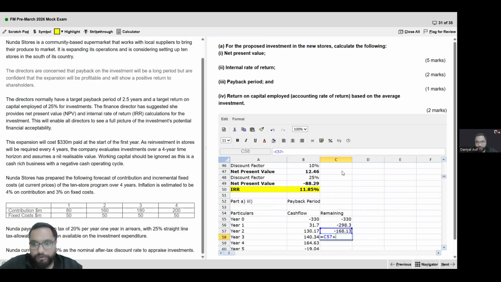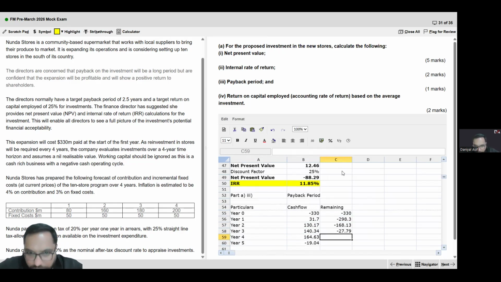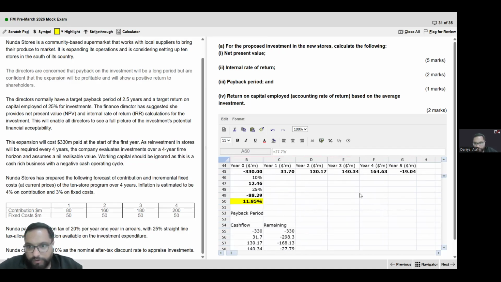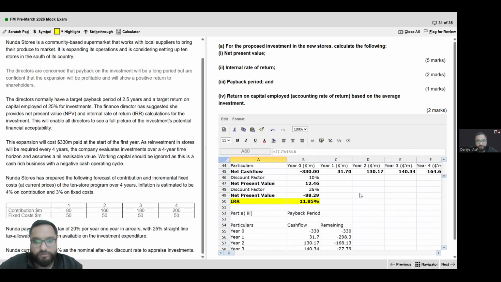So we are going to use year 3. Okay, we still haven't gotten our payback yet, but year 4's cash flow is going to be higher than our remaining balance. So what we're going to do after year 3 is take the remaining balance divided by 160.63.